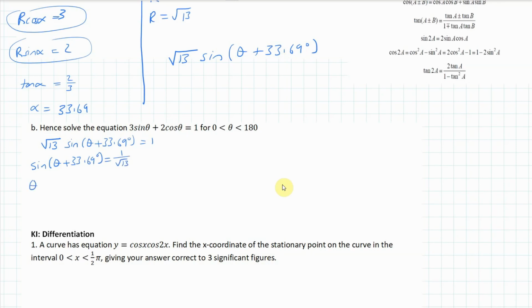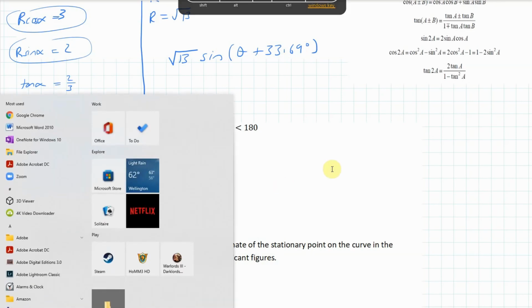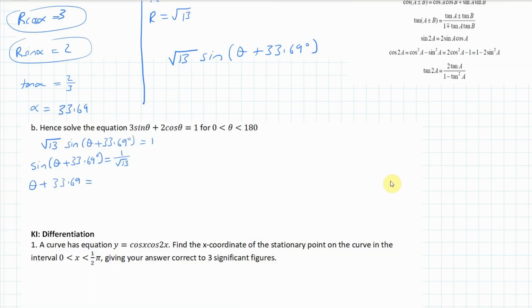And so we should get theta plus 33.69 is equal to, and what do we get for that? 16.1.